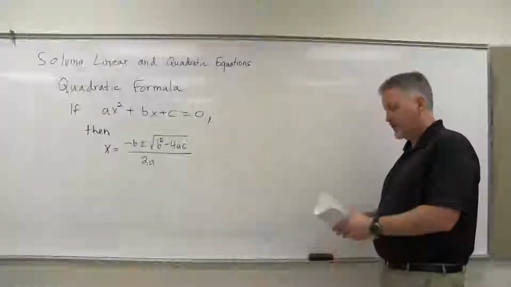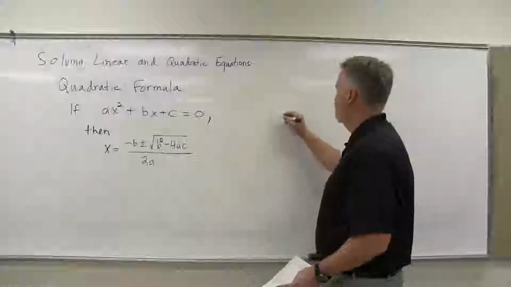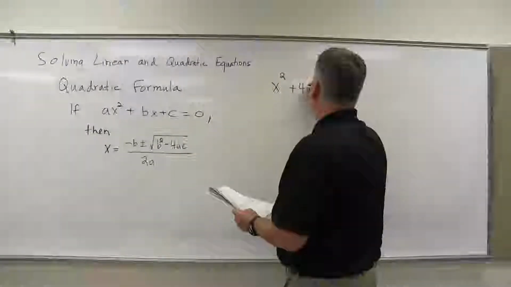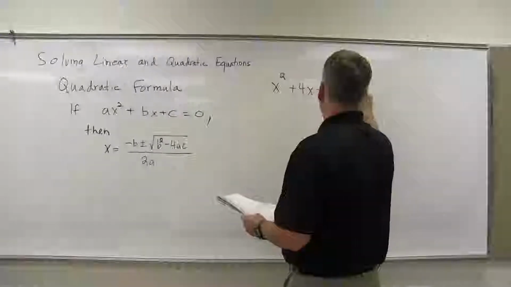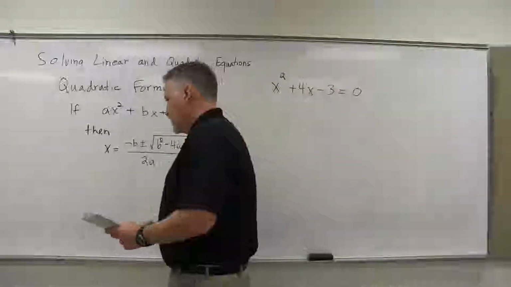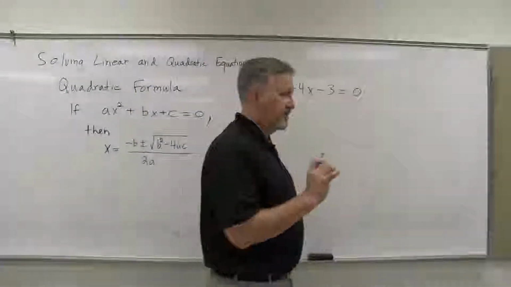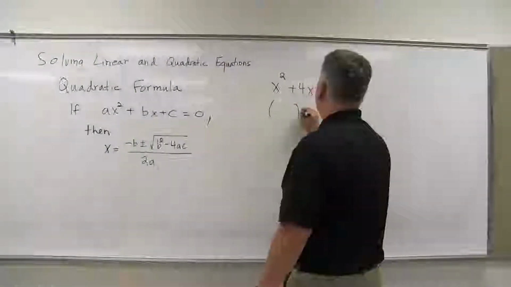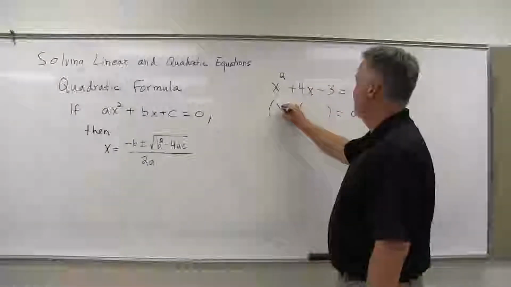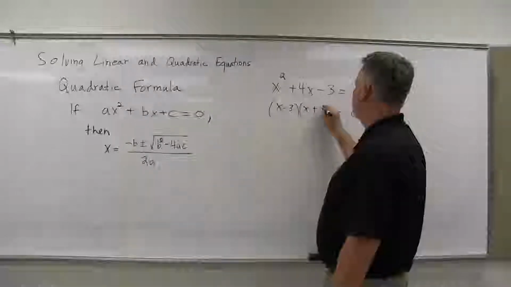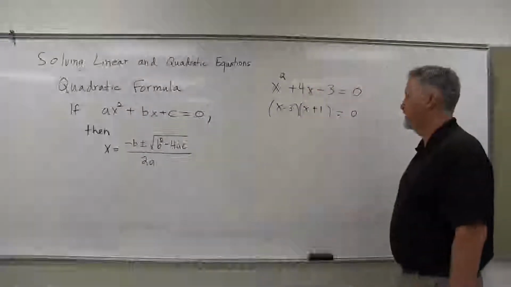All right, so let's look at this one. Let's say we've got x squared plus 4x minus 3 equals 0. That one almost looks like we would be able to factor it. However, be careful: x and x, minus 3, well, you're going to go minus 3 plus 1? No, because that adds up to negative 2.